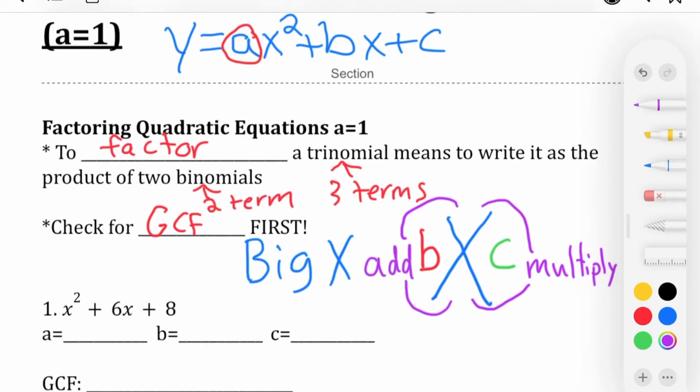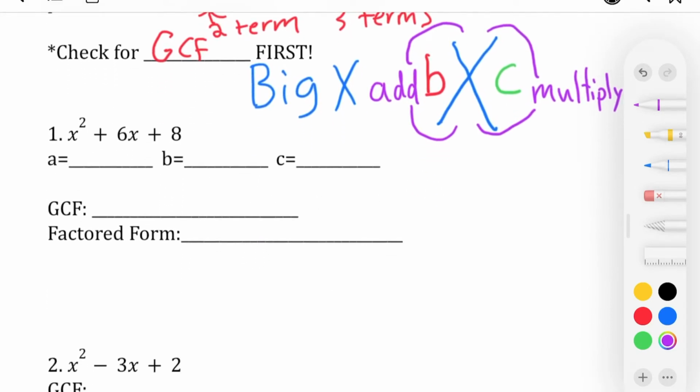So let's do an example. For number 1, our A is the understood 1, our B is 6, and our C is 8. Is there a greatest common factor? No, there is not. There is not a greatest common factor other than 1 that can go into x squared, 6x, and 8.